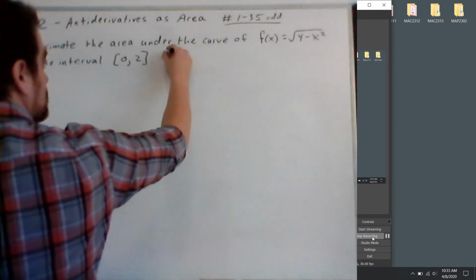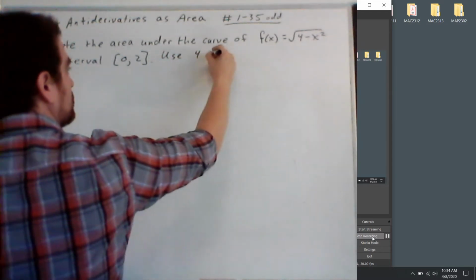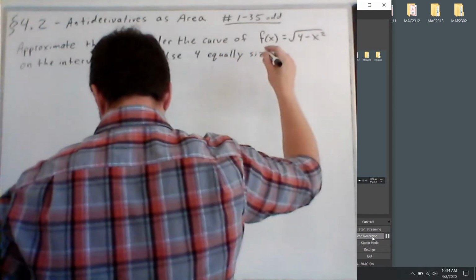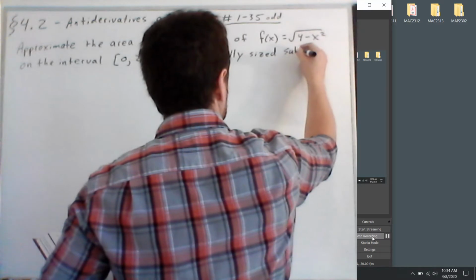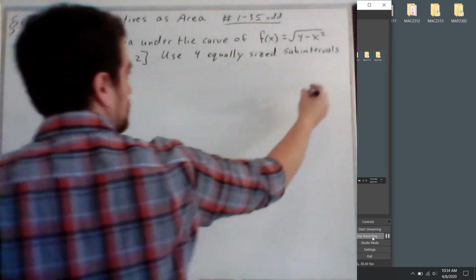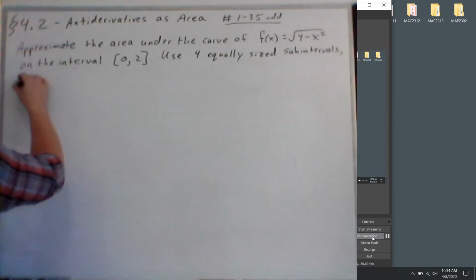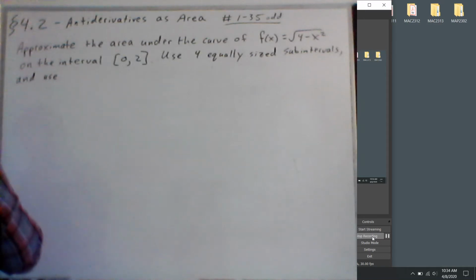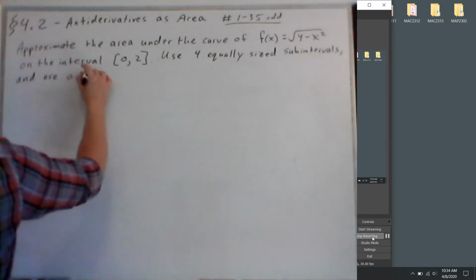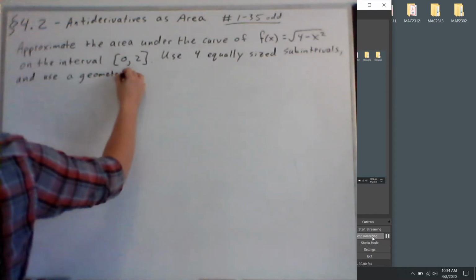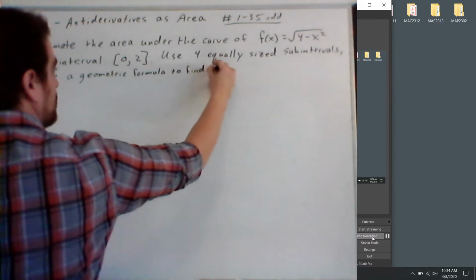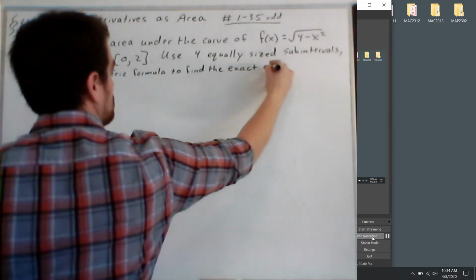And then they'll tell us use 4 equally sized subintervals, and use a geometric formula to find the exact area.